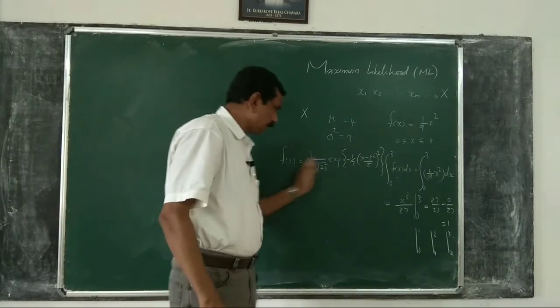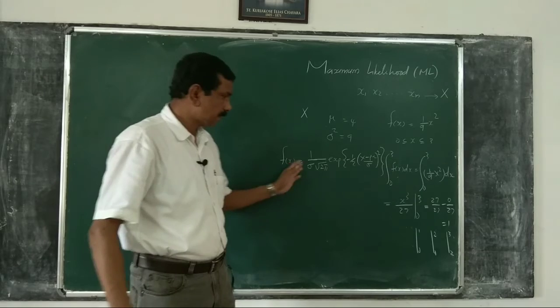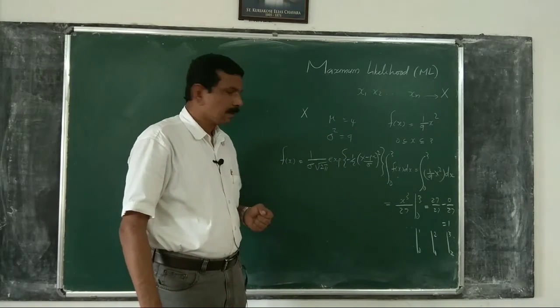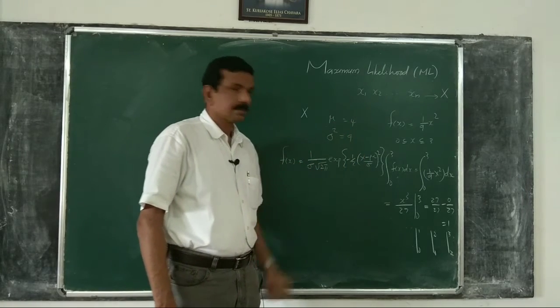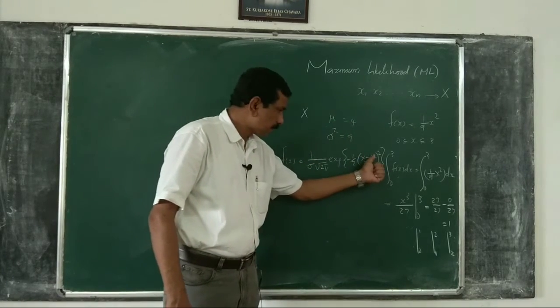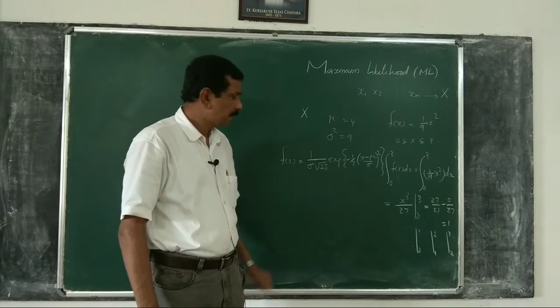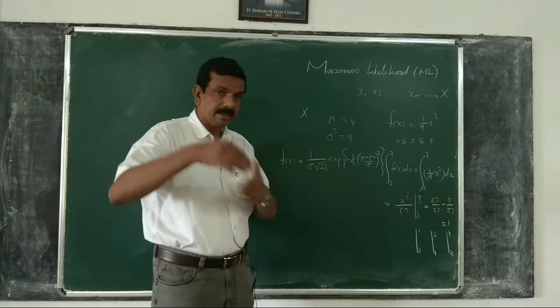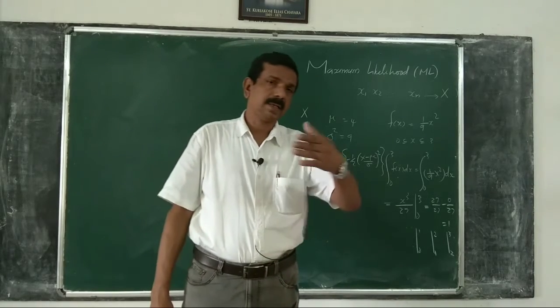Now, this is the PDF of a normally distributed random variable. It is known to us. We have discussed it in detail earlier. And if mu and sigma square are known, we substitute the values of mu and sigma square in the formula, and you can calculate the probability of x lying between x1 and x2, x2 and x3, x3 and x4, like that.